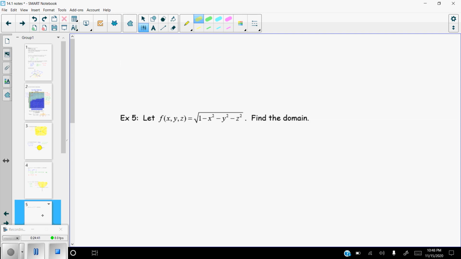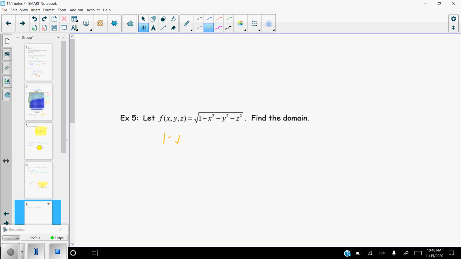One more and we'll be done with this one. So we want to find the domain of, in this case, f of x, y, z. Now we actually have 3 independent variables, and a fourth variable. So that means that the domain is actually going to be three-dimensional. Remember, what's underneath the square root can't be negative.